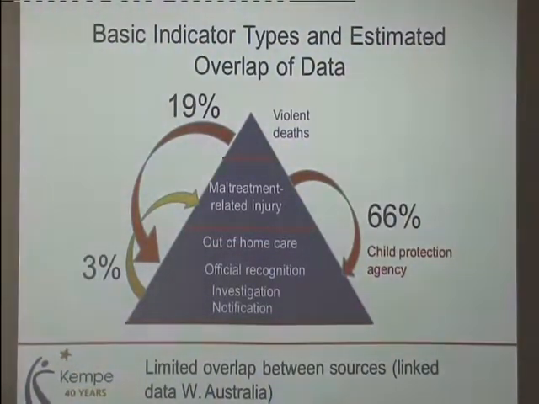So 66% of the maltreatment-related injuries are known to the Child Protection Agency. On the other hand, out of all of the child protection data, only 3% of those data are also part of the maltreatment-related injury data sets. 19% of the violent deaths are also part of what's known to child protection. So you have some sense of where that overlap is as a result of being able to combine the data across systems.